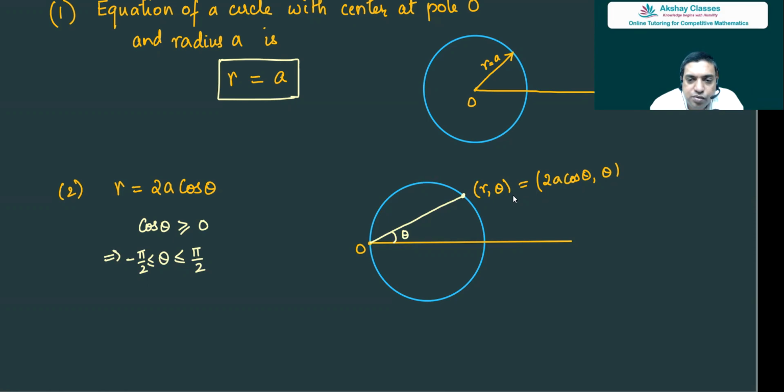So substitute. When theta is equal to 0, R value will be 2a. So this point will be here. The first point will be here.